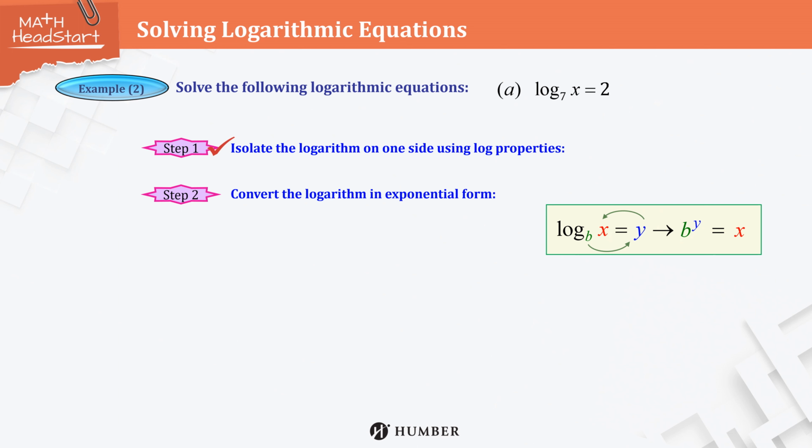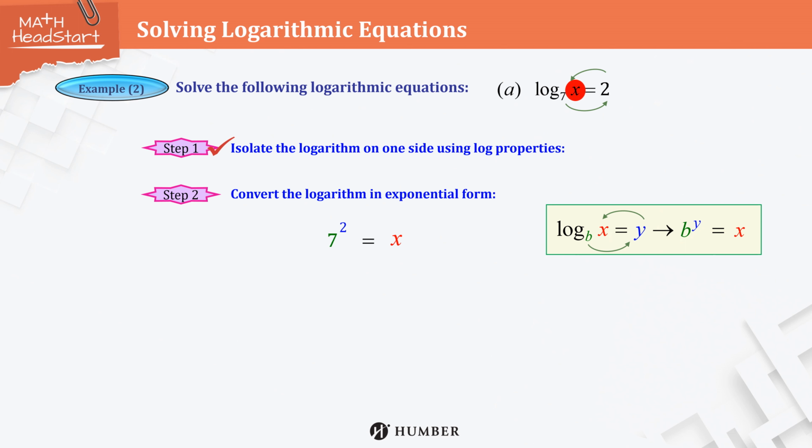Note that the base b is always positive and it is not 1. Using the conversion rule, let's rewrite the given logarithm in exponential form then. We have base 7 raised to the power 2, which equals x.